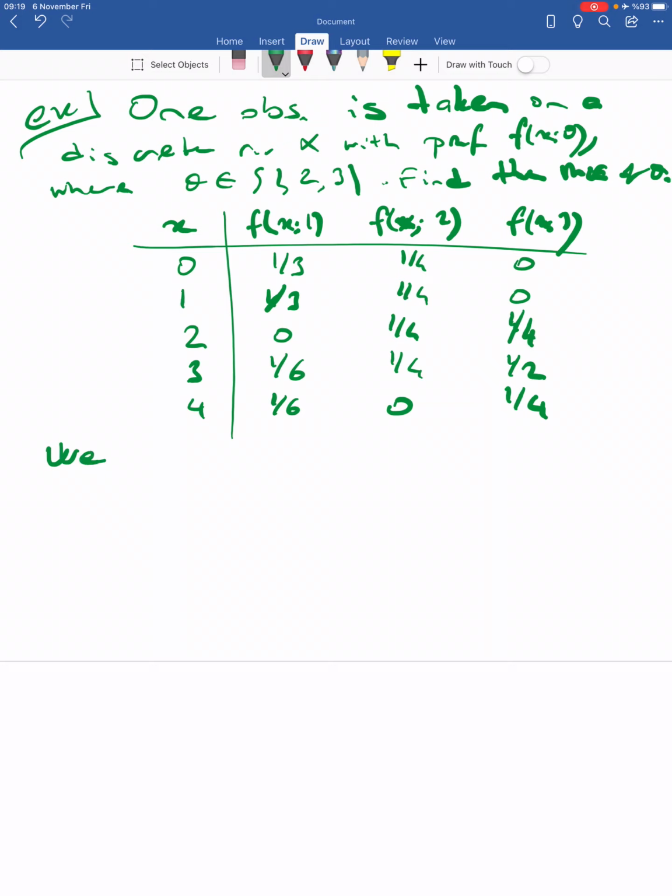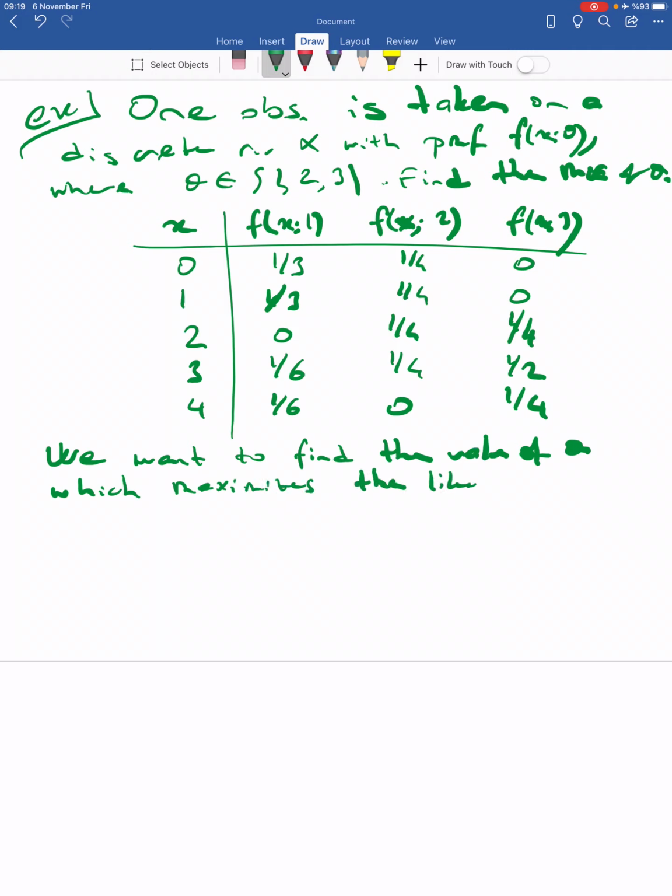We want to find the value of theta which maximizes the likelihood function for a given value of x. This part is important: for a given value of the sample observations, here x.